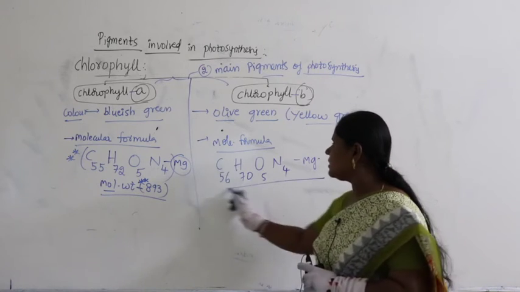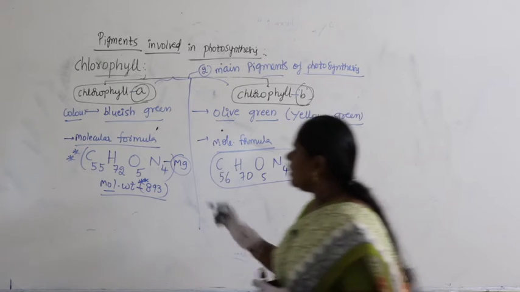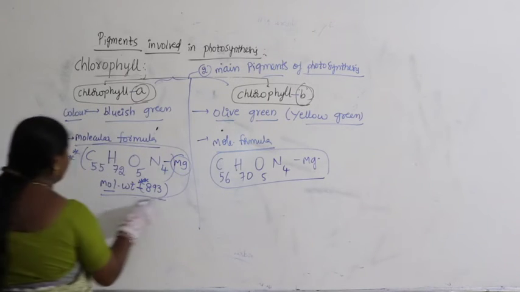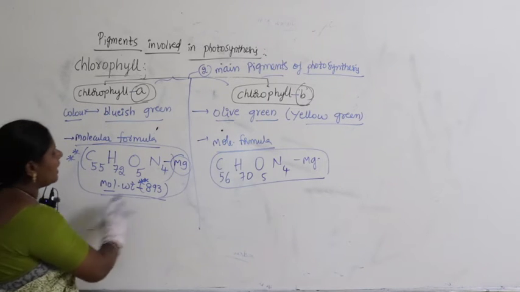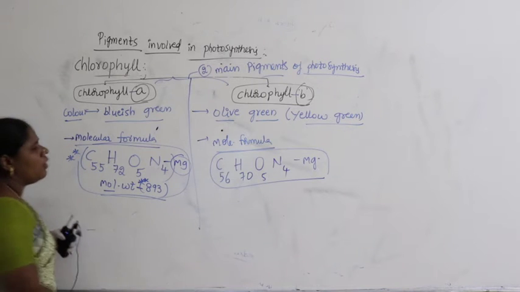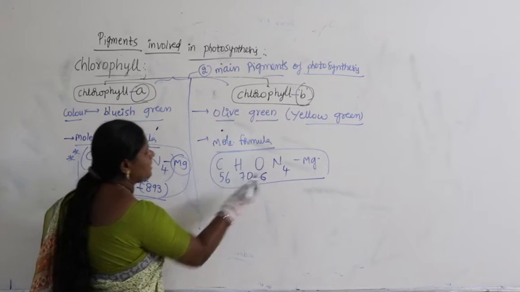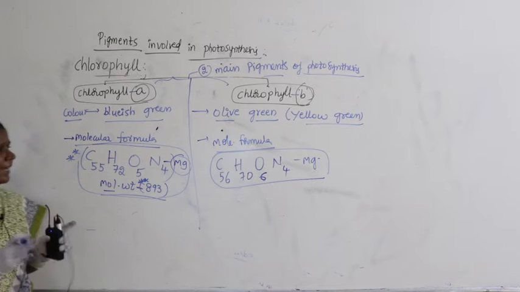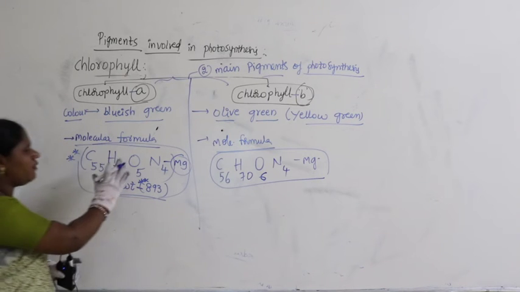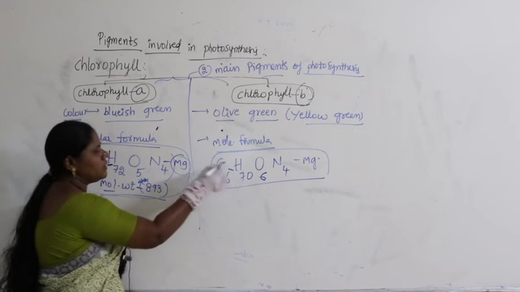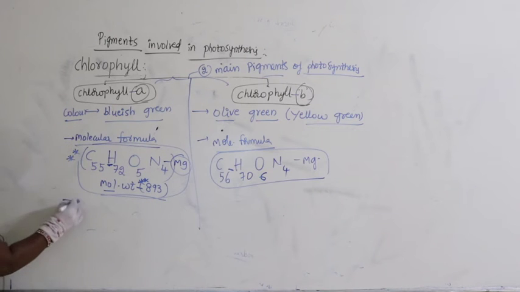So mostly this is what you have to take. Then where is the difference here? How will the difference occur in terms of molecular formula? O6 also will come there. Oxygen will be extra. I'll tell you why oxygen is extra and why there is variation in the count of hydrogen. I'll let you know, because of the basic difference you find here.